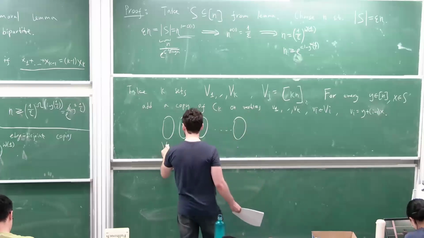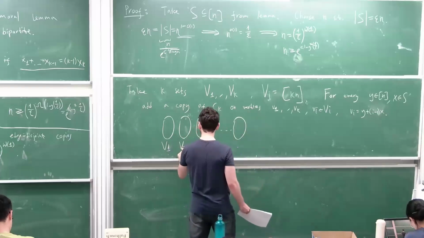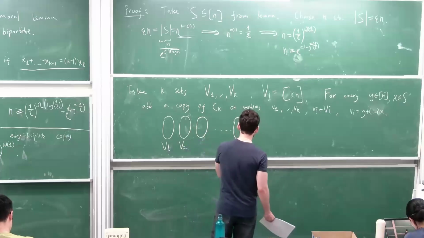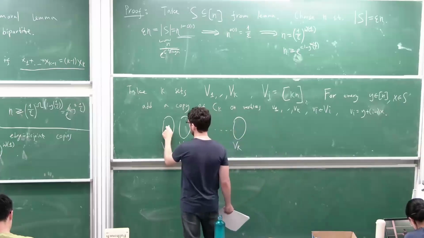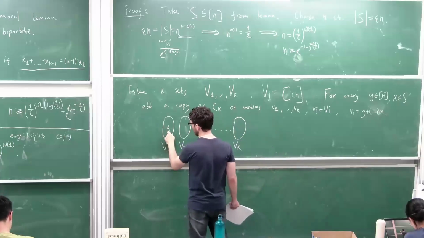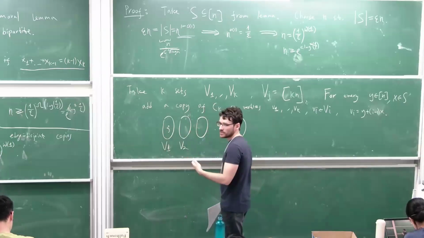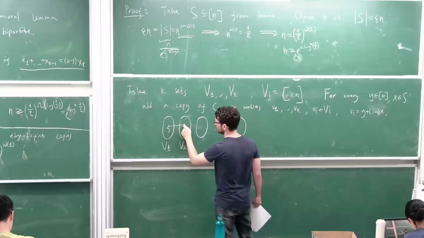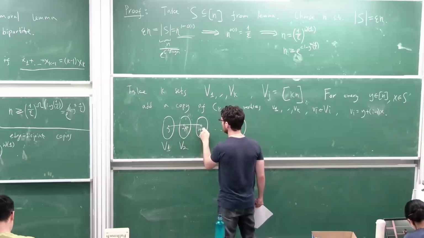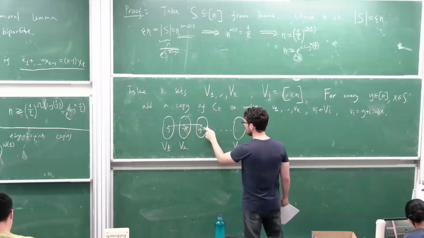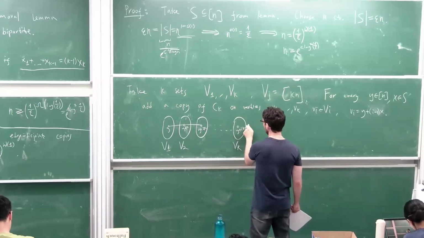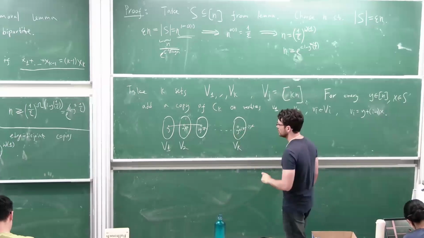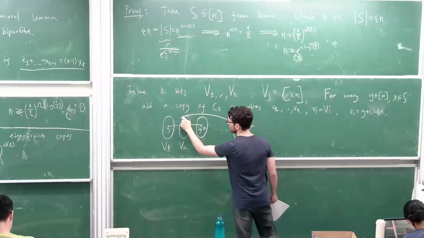So we have B1, B2 up to Bk, and we take the vertex y, and then we start adding x. So next we take the vertex y plus x, then we take the vertex y plus 2x, and so on. And in the end, we added x k minus 1 times, and then we go back.